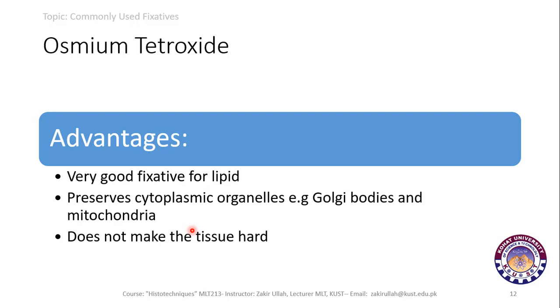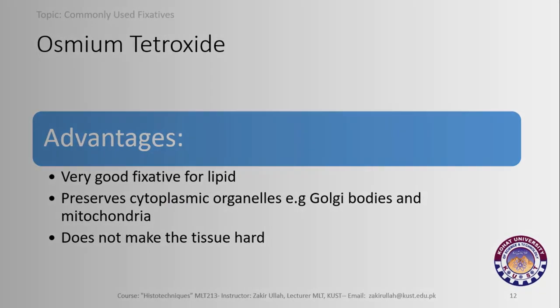The advantages of osmium tetroxide: it is a very good fixative for lipids, and it preserves cytoplasmic organelles, for example the Golgi bodies and the mitochondria. The third advantage is that it does not make the tissue hard.